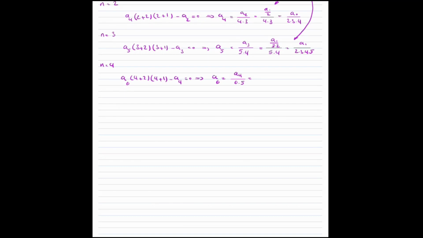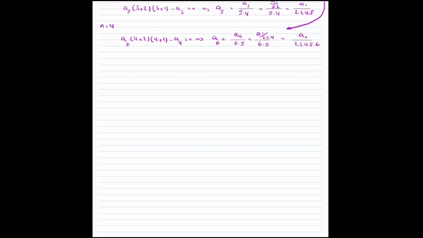So what is our a4 if we substitute back the previous one? We have a4 equal to a0 over 2 by 3 by 4, right? So all those over 6 by 5. Our a6 equals a0 over 2, 3, 4 by 5 by 6.